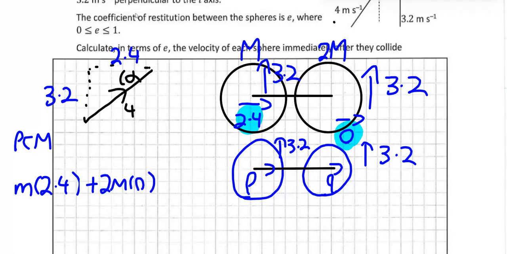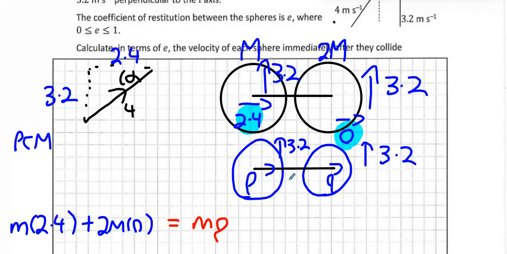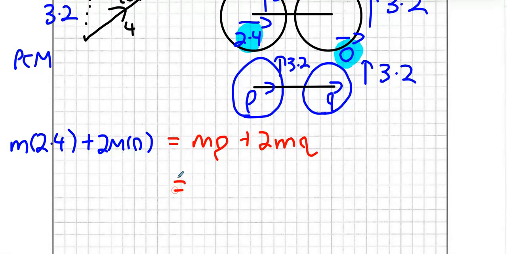And what about after? M times P, and the other one, 2M times Q. What do we get then, guys? Take all the M's out and you get P plus 2Q equals 2.4, yeah?